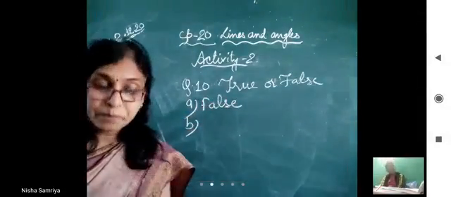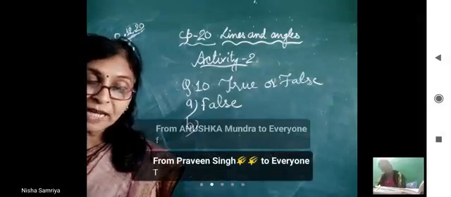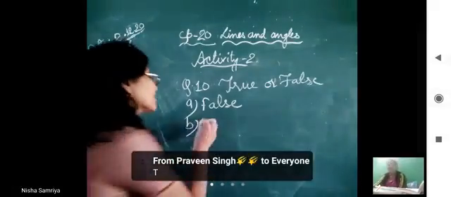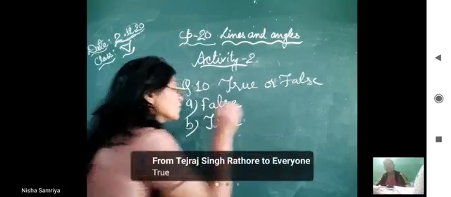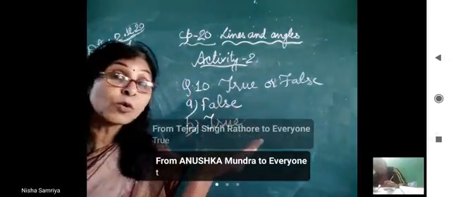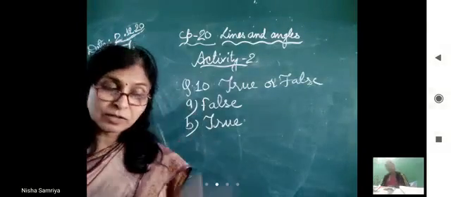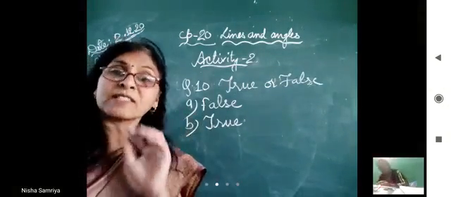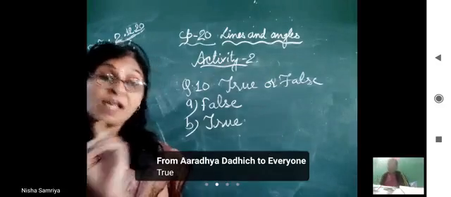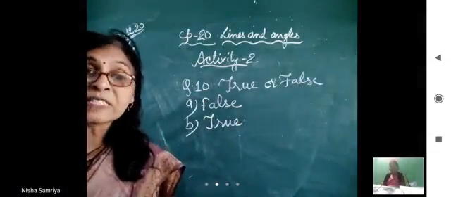Now number B. An obtuse angle is greater than an acute angle but smaller than a straight angle. That is true, because you know the definition of obtuse angle, that is greater than an acute angle, 90 degree, but smaller than a straight angle. So which angle will it be? Obtuse angle obviously, right.